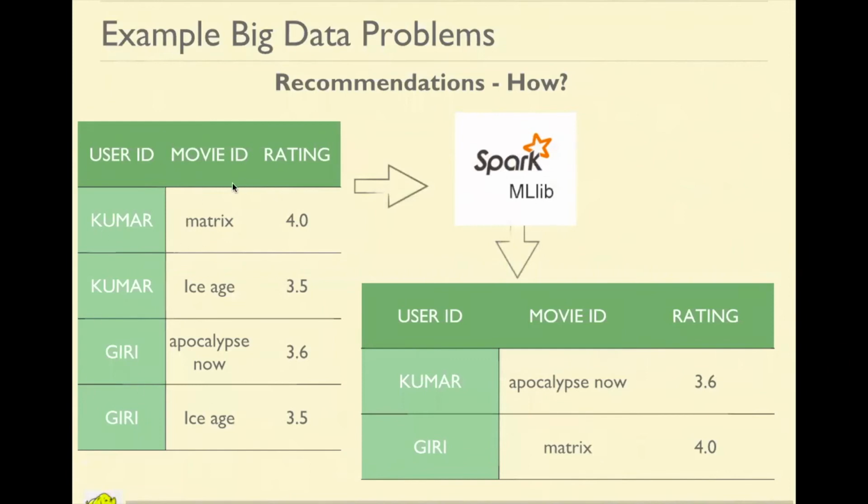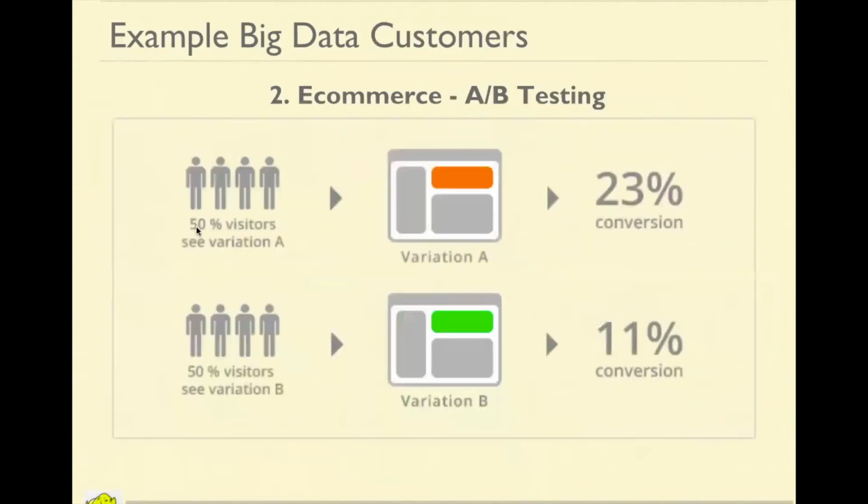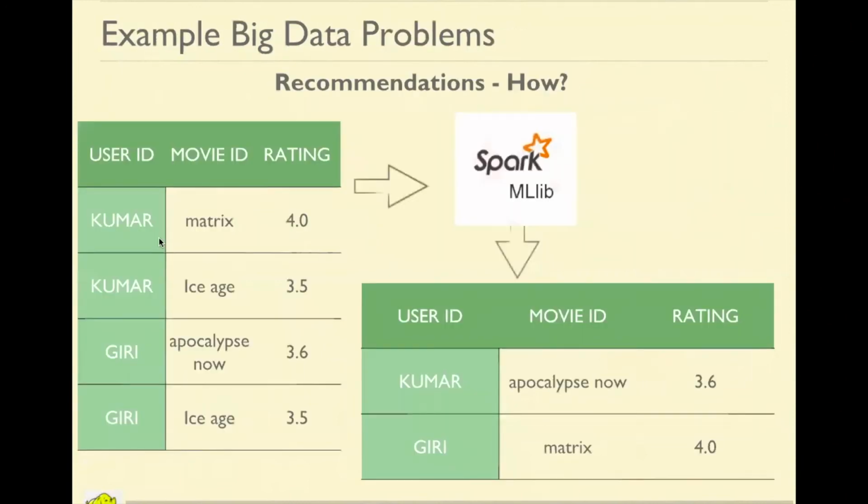Now, preparing this data in this form is really hard. If you think about Amazon, the user ID will be the normal way, and instead of movie ID, it'll be product ID. Which product do you like? And the rating will be either based on your actual rating, or it could be based on your purchase history. It could also be based on which pages you visit regularly.